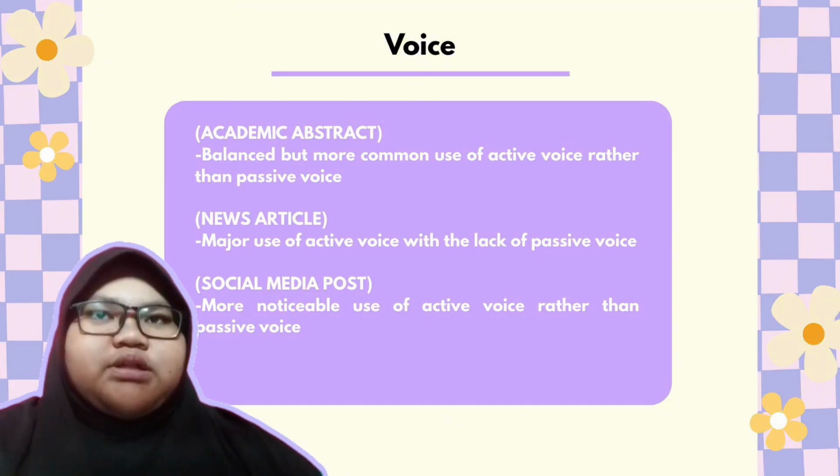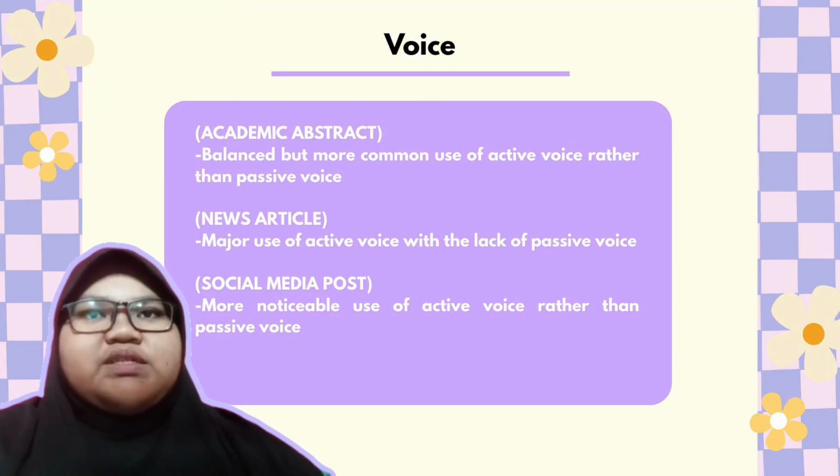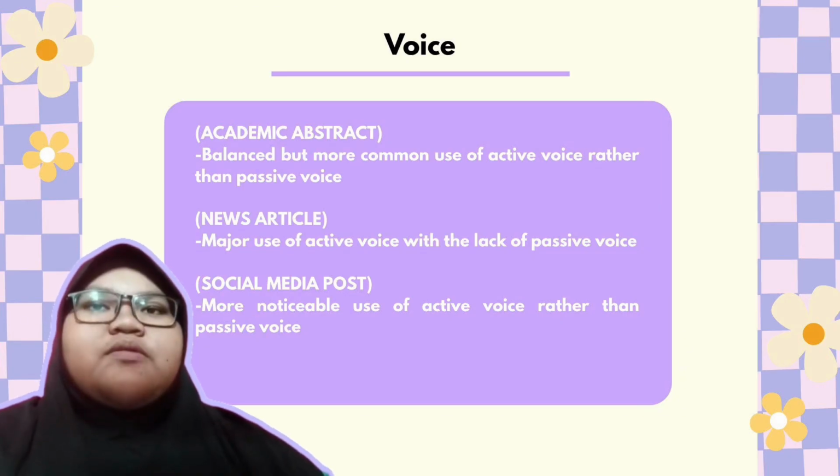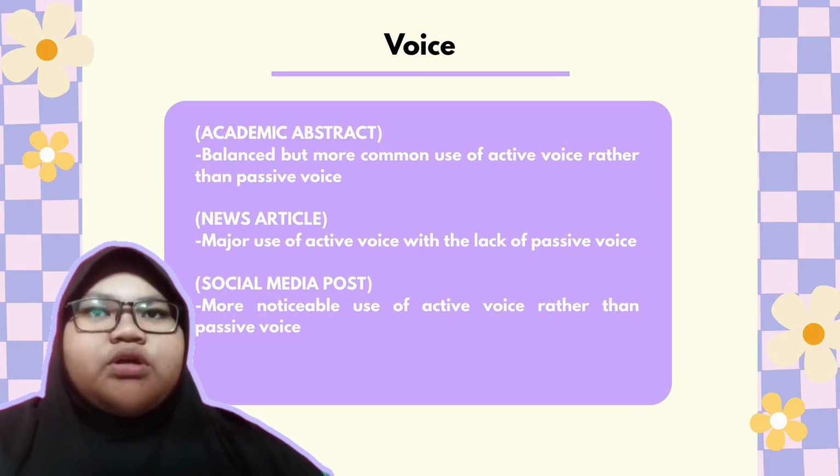In the news article, the majority of the voice used is active voice with a lack of passive voice. For the social media post, more noticeable usage of active voice is apparent rather than the passive voice.